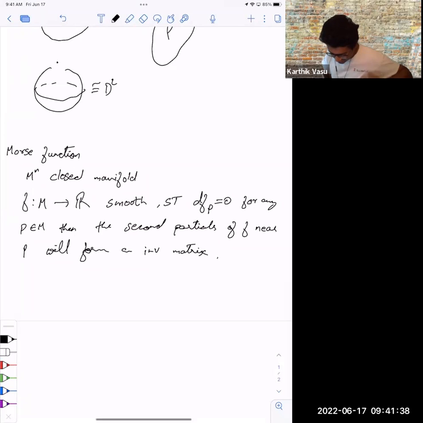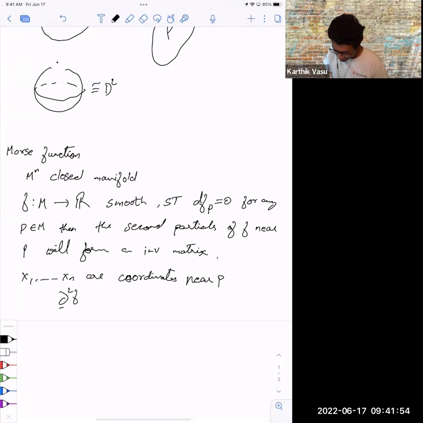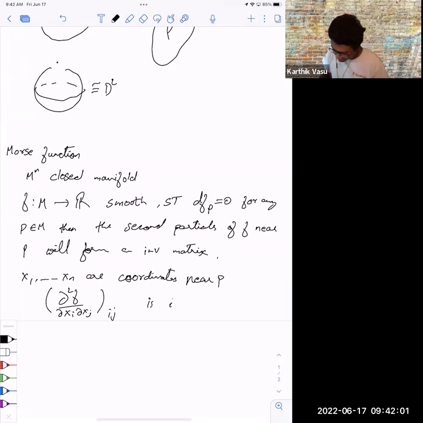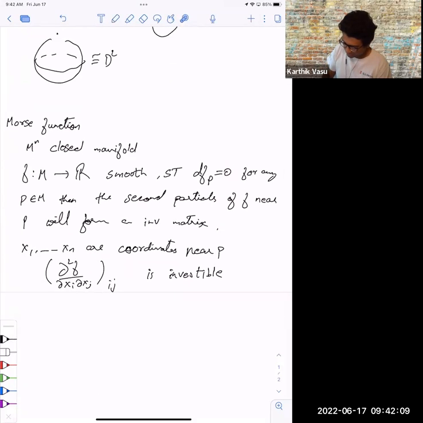So what I mean by this is, suppose x1 to xn are coordinates near P. Then if you look at this matrix, this is invertible. Okay, so wherever you have the first derivative to be 0, you'll want the second derivative to be non-degenerate.